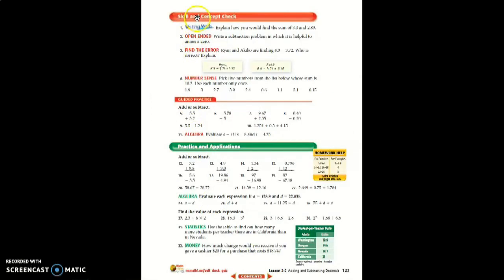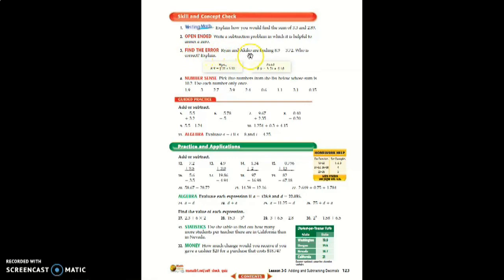Skill and concept check. 1. Write math: explain how you would find the sum of 3.3 and 2.89. 2. Open-ended: write a subtraction problem where it is helpful to annex a 0. 3. Find the error.